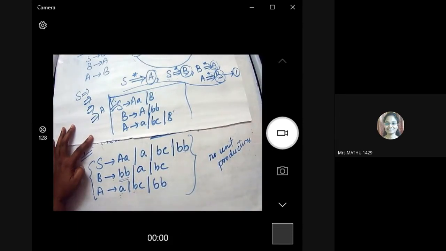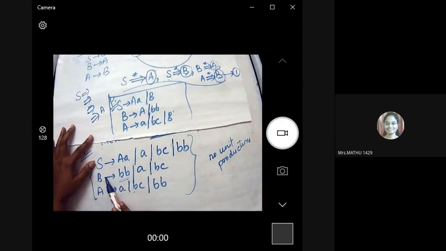Now, the first thing we have seen is the removal of useless productions. You can see that from S, the variable B cannot be reached at all.